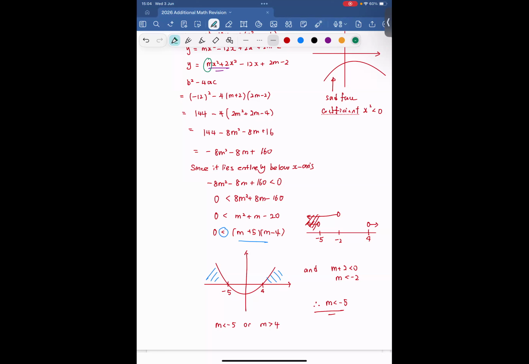Okay, anybody still need the polynomial? If you need, just tell me you need a bit more time. Quadratic, who needs more time? If not, I will move on already.